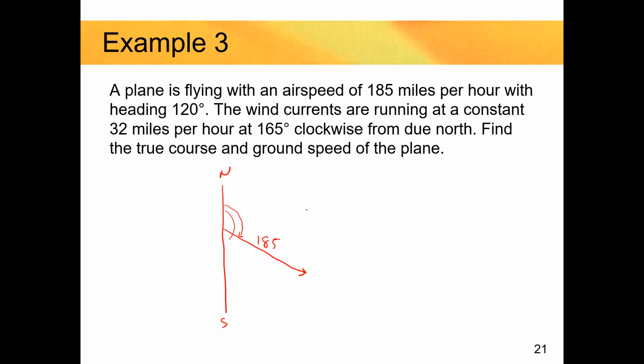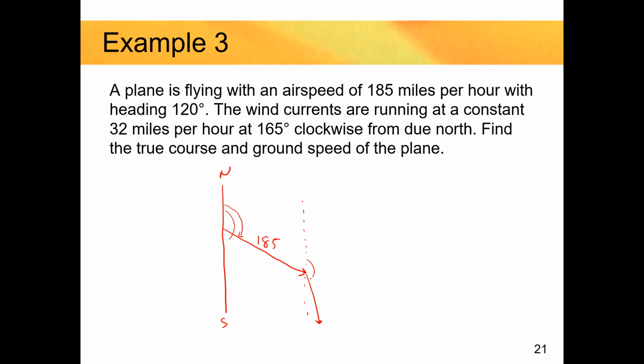Okay, the other thing we do is tack this on to the next one, right? 165 would be about something like this. Do you guys agree there? We're tacking on to the previous vector of the airplane here.